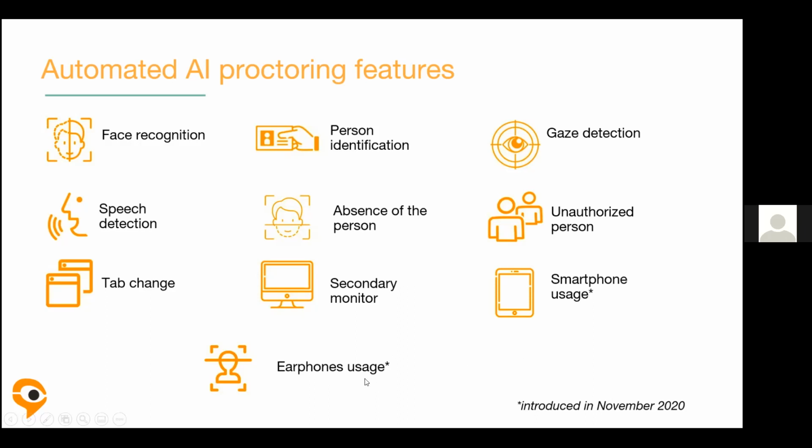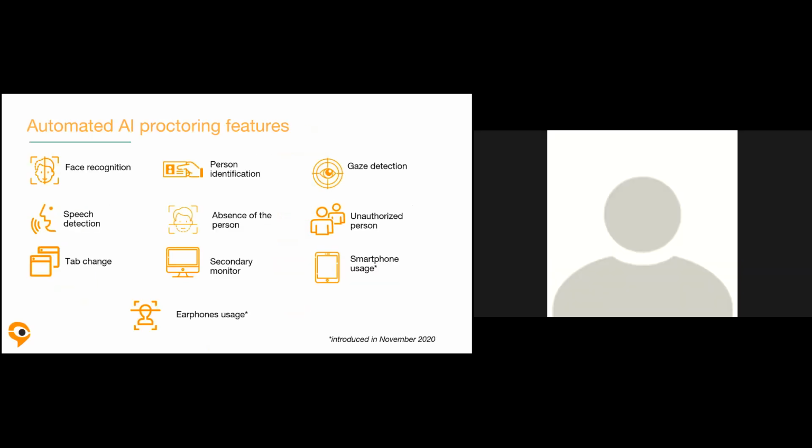So all those specific cheating behaviors, which are mostly used by students. It can also detect the absence of the person, or if there are, for instance, two people in the video frame. So this can prevent you from some outside help during the exam.